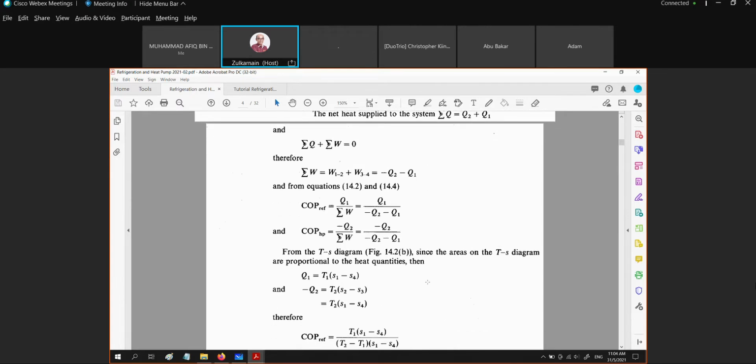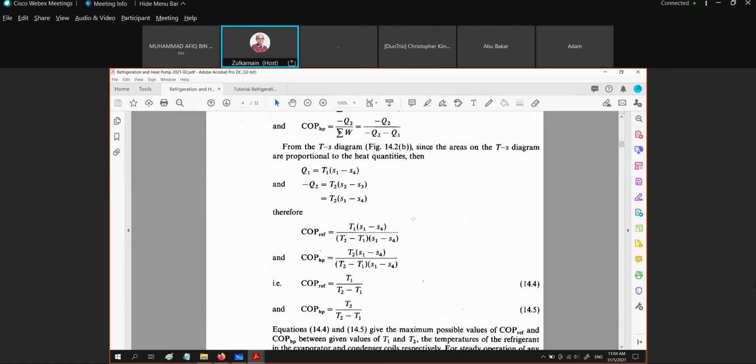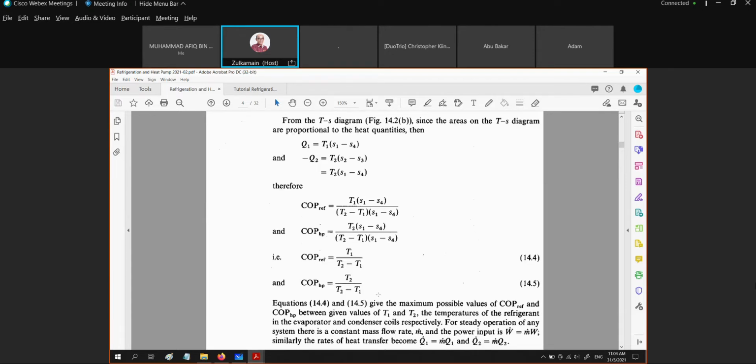But for a reversible one, we can look at the Q for rejection and Q for supply, and it can be proven that the COP for ref is equal to equation 14.1, T1 divided by T2 minus T1 for refrigeration, and then equation 14.5 is for the heat pump.